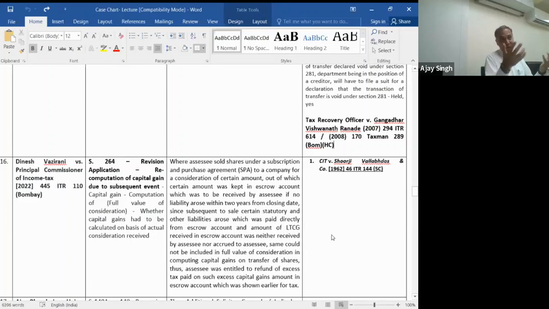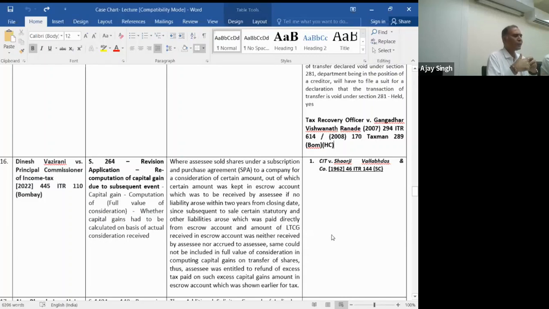The event is such that it is shown that it never accrued to the SSC. That subsequent event is required to be taken into consideration. So this is a very important concept, I will say, which one needs to understand and can apply in peculiar facts of a case.